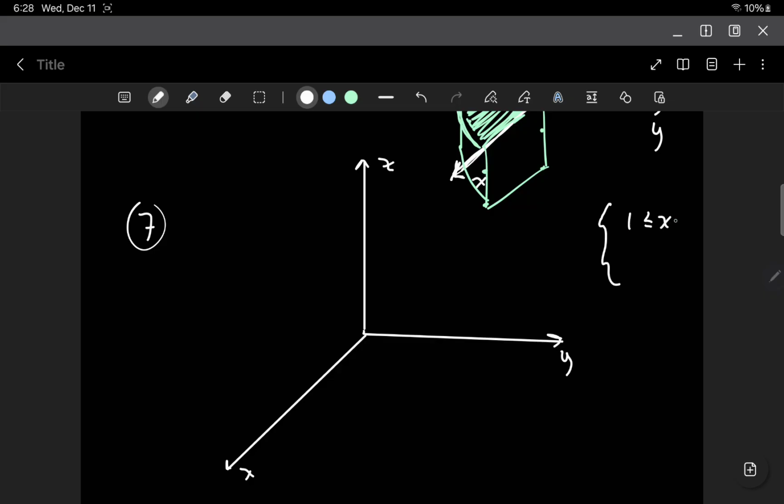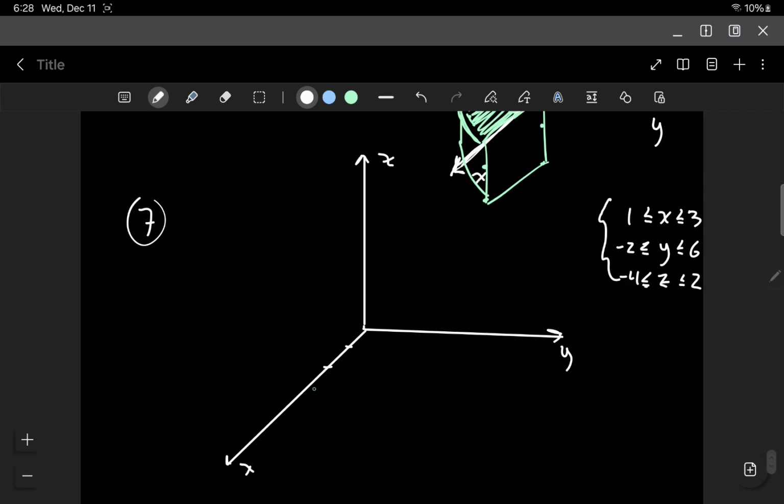So x was in between 1 and 3, y was in between -2 and 6, and z is in between -4 and 2. Just marking these off here. Right, something like that.